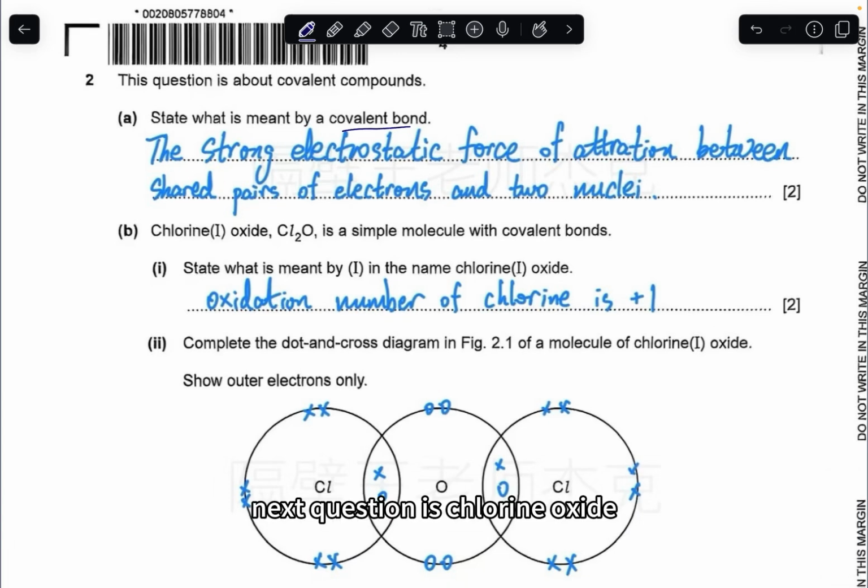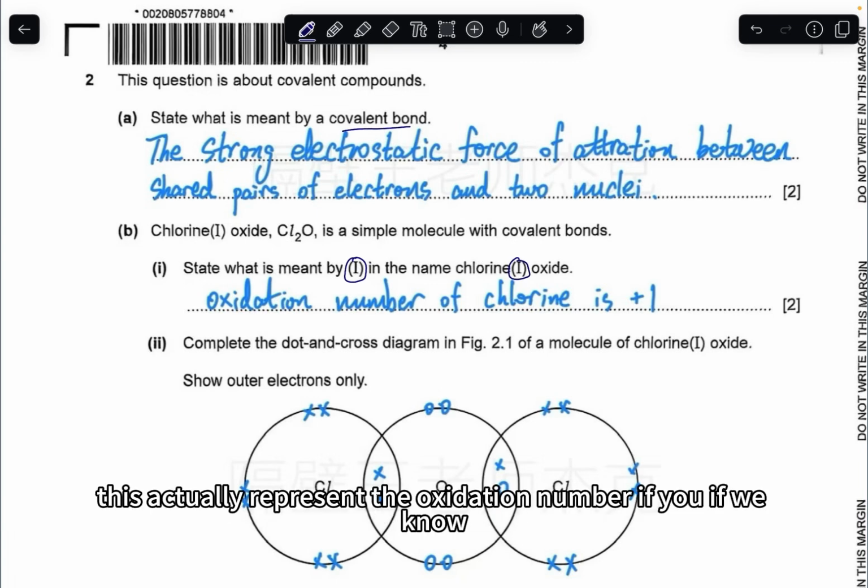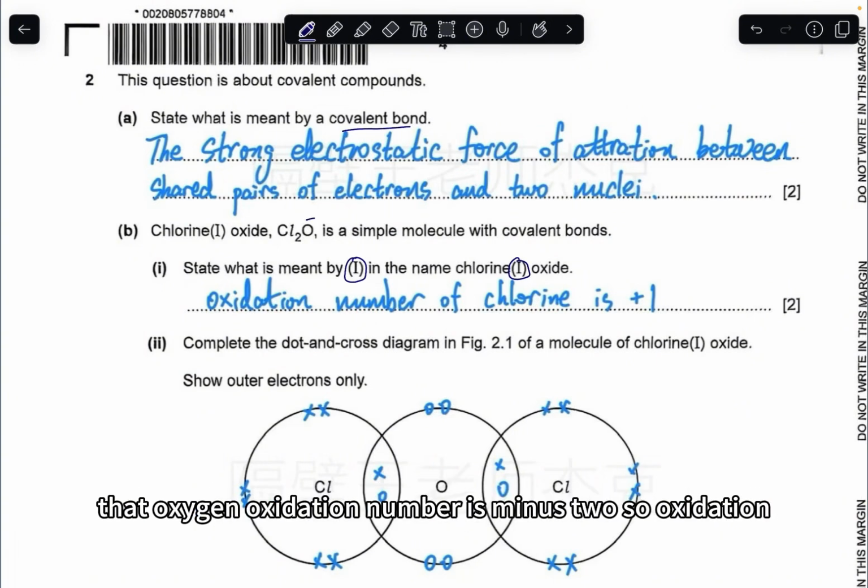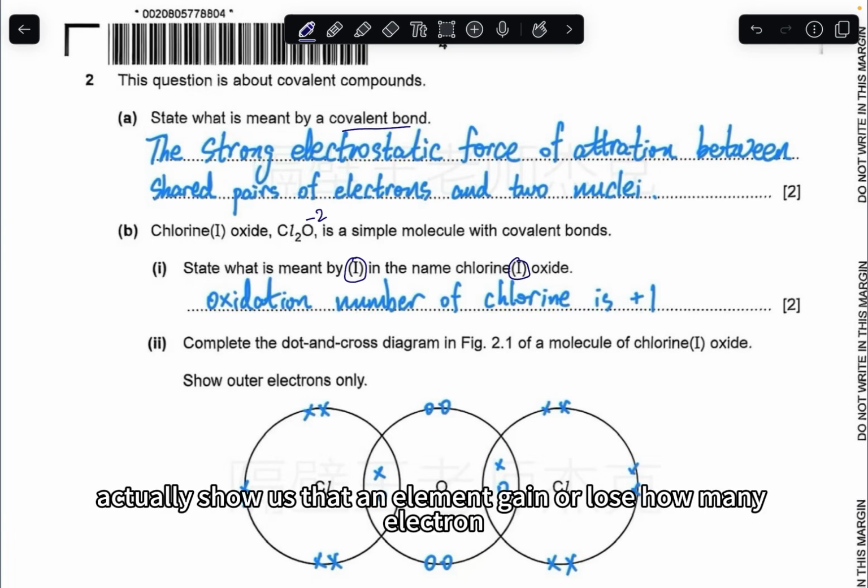Next question is, chlorine oxide is a simple molecule with covalent bonds. What is meant by the 1 in the name chlorine(I) oxide? This actually represents the oxidation number. We know that the oxygen oxidation number is -2, and the oxidation number shows us how many electrons an element gains or loses.